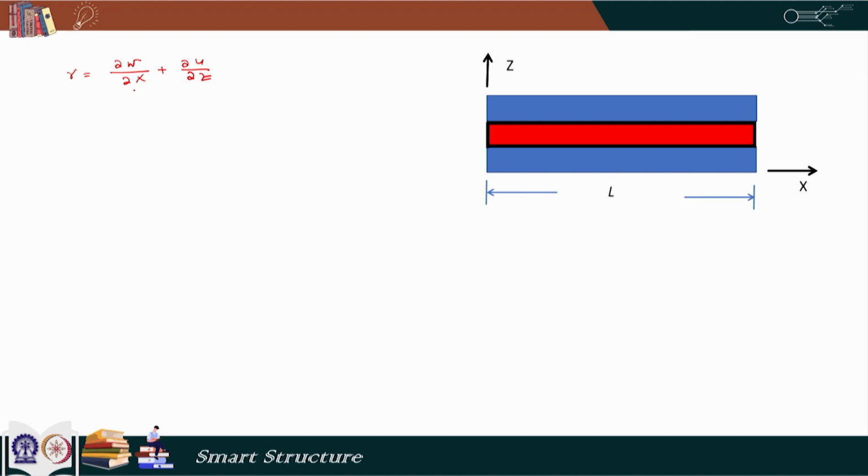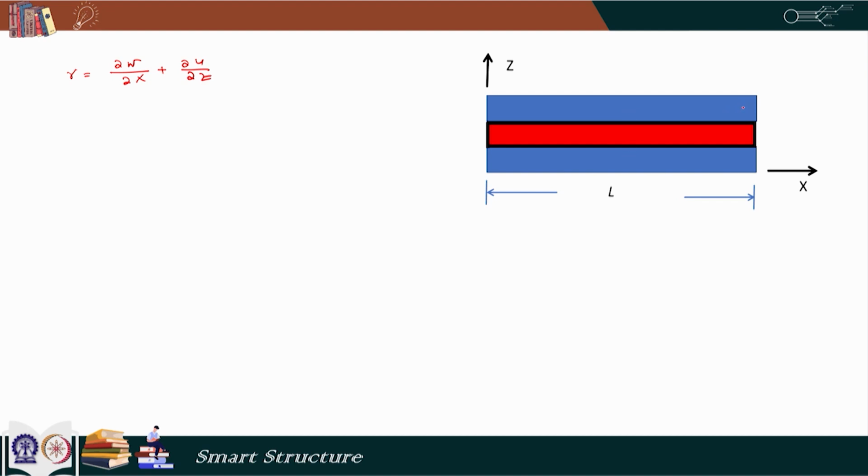Now, del W by del x we know remains constant along the cross section. Del U by del z we have to find out in terms of some quantities. So, we find del U by del z in terms of W as well as the axial displacement along the x direction at the middle of the top layer and the middle of the bottom layer.